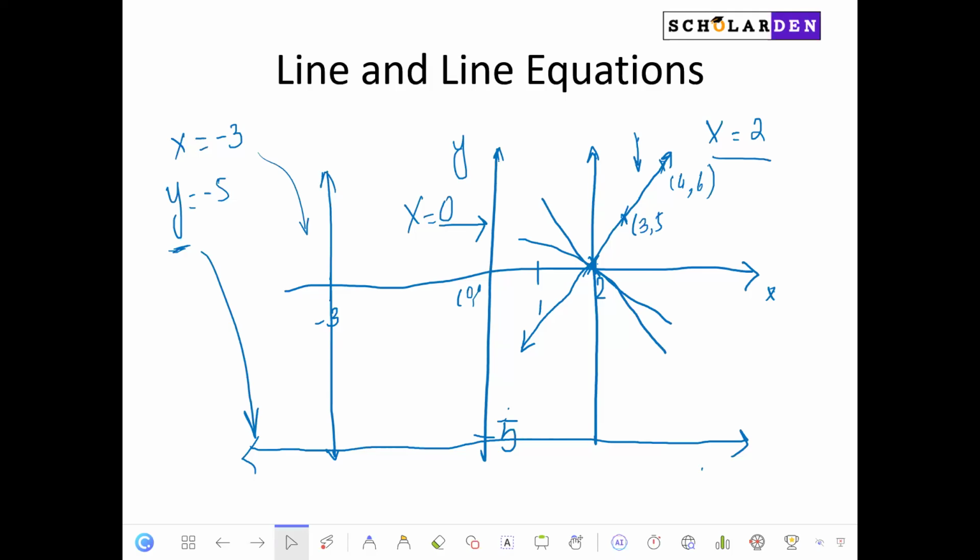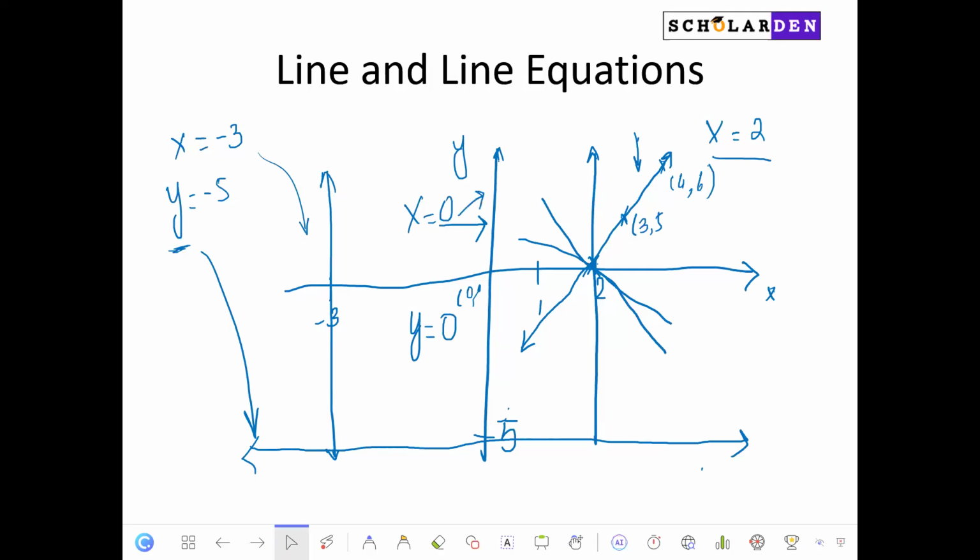Correspondingly, if we look at the x-axis in the same manner, moving along this x-axis, the value of y is going to be 0, right?